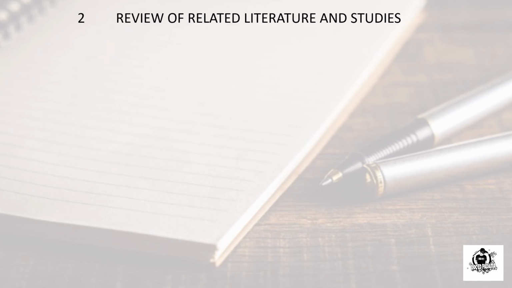The next part of the body of your research is chapter 2, which is entitled Review of Related Literature and Studies. Before, it was done by using local and foreign literature and studies, but this time, according to the mechanics and the policy given by the higher education institutions, the RRL or Review of Related Literature would depend on the necessity and the availability of the literature and studies.